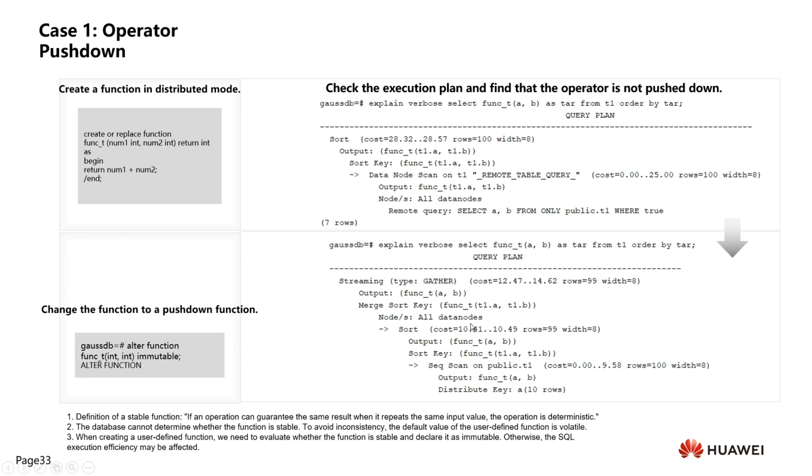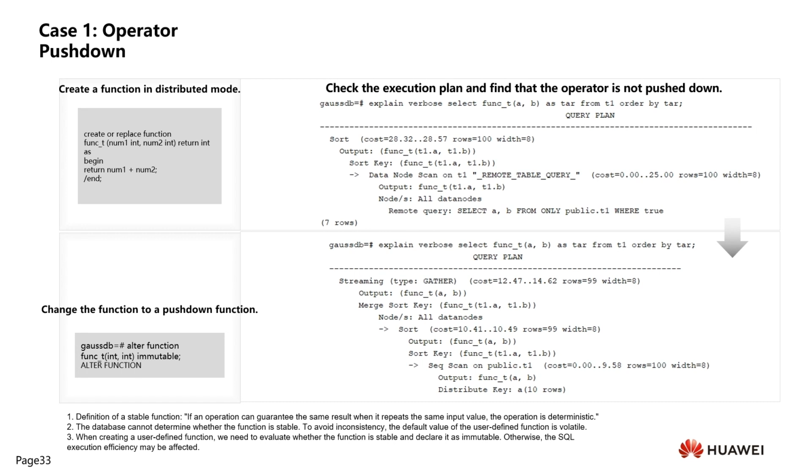Here we provide some examples, the first of which is related to operator pushdown. We have a user-defined function which just adds two numbers and returns them. From our execution plan, we see the keyword remote table query here, meaning that it is the worst situation among the three distributed plans.